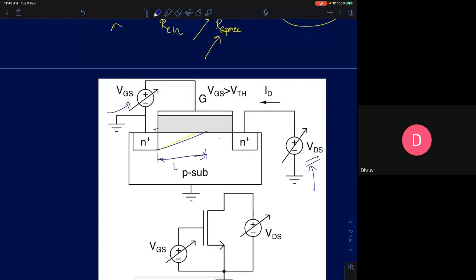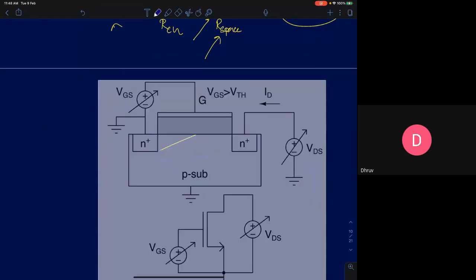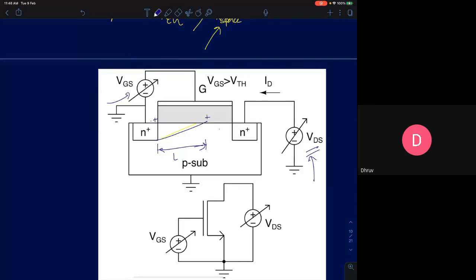The voltage across the channel is always fixed because any excess voltage is going to drop across the depletion region. So the voltage is fixed, but the channel length has reduced. So what happened to the channel resistance? Length is reduced, so the channel resistance has reduced.